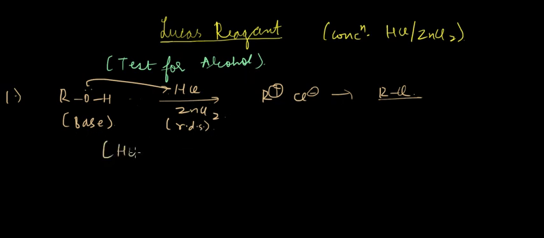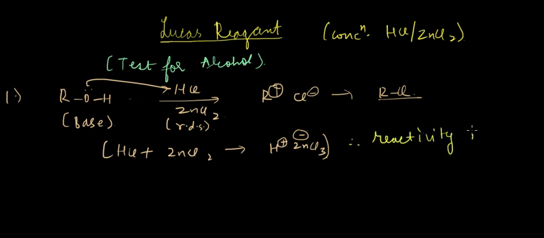The only reason is because when HCl reacts with ZnCl2, it gets more acidic. And hence when it gets more acidic, its reactivity increases.